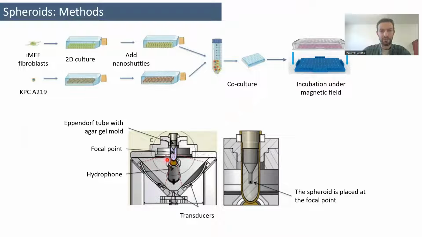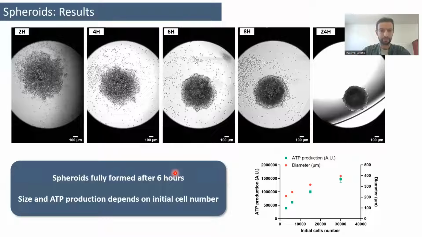We can place our spheroid in the Eppendorf tube in an ultrasound machine, which comprises 2 transducers aligned confocally, and you can also see that there is a hydrophone that will be recording cavitation noise.